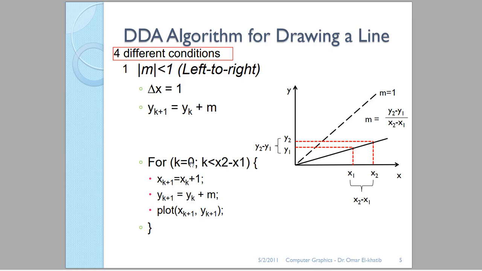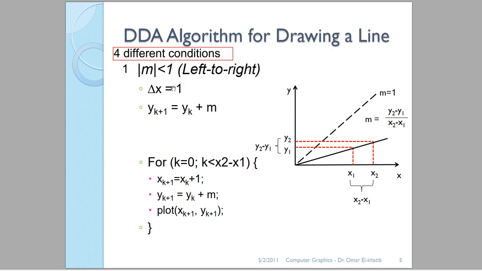What will be the next condition? The next condition we can consider is that m is less than 1, but we start from this point on the right side and we go to the left. So what will be there? We will be decreasing x. So the difference will be that we are decreasing x by 1. So delta x will be 1, but it will actually be minus 1.